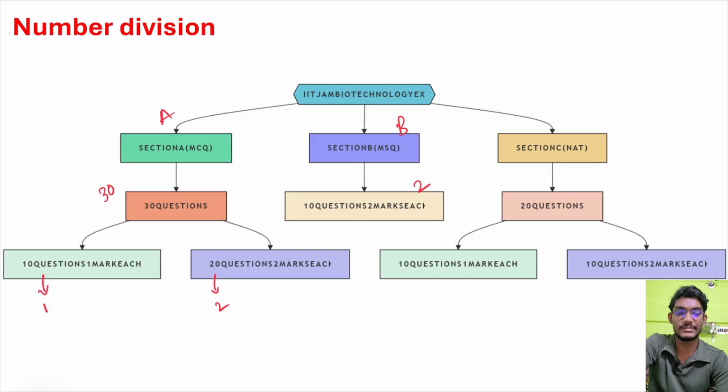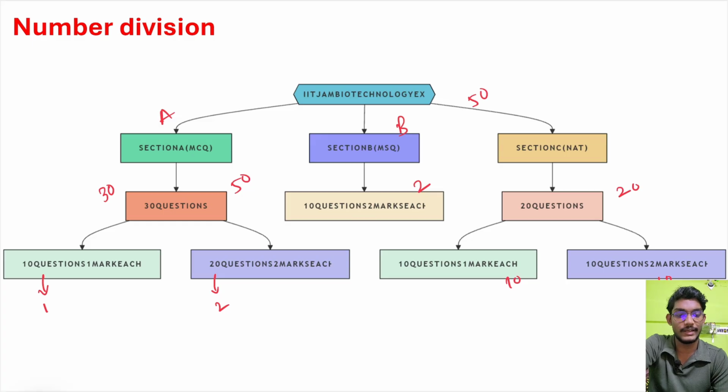Section C is the numerical answer type section, with a total of 20 questions, among which 10 NAT questions are of 1 mark and another 10 NAT questions are of 2 marks. So the MCQ questions consist of a total of 50 marks, and NAT and MSQ questions together consist of another 50 marks. So a total of 100 marks.